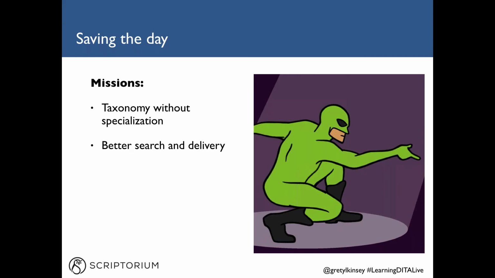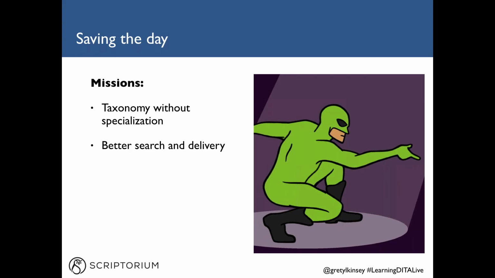And setting up a subject scheme can also lay a lot of the groundwork that you might need for something like targeted personalized content delivery. For example, you could have a situation where a user could log in to your company's website, and if you have this taxonomy set up to run on the back end, that can give the site the information it needs to serve up the right content through a portal based on the information when that user logged in.